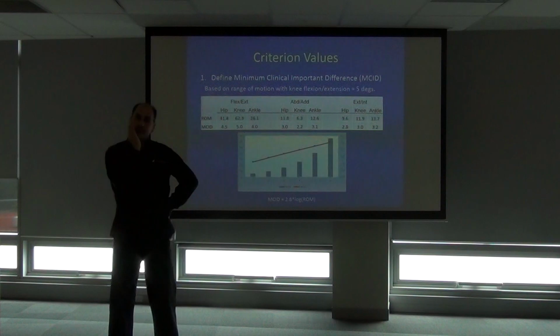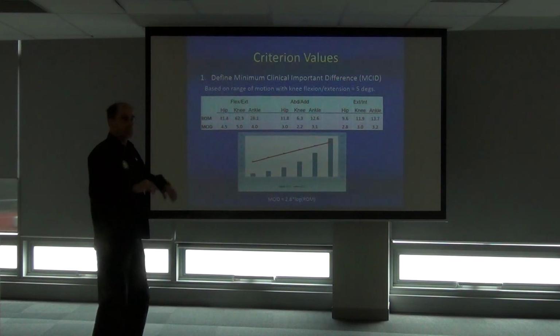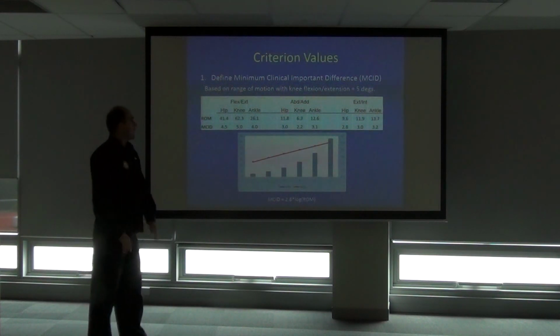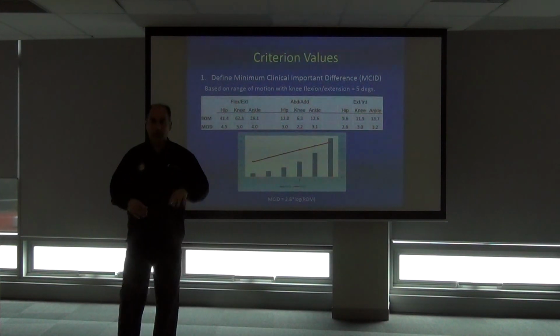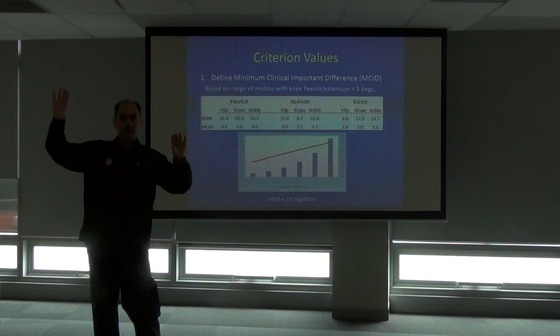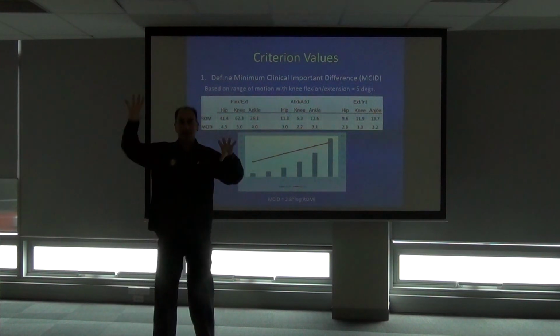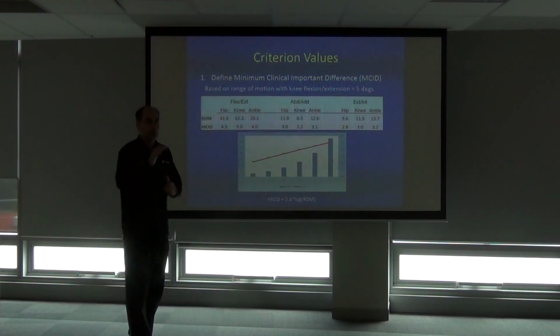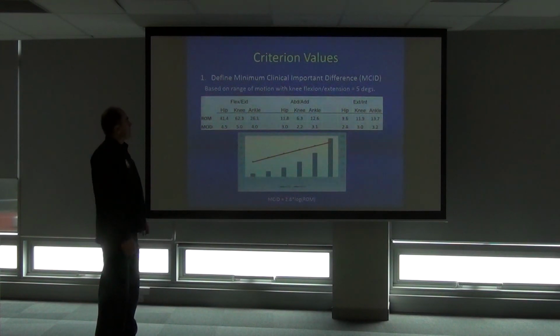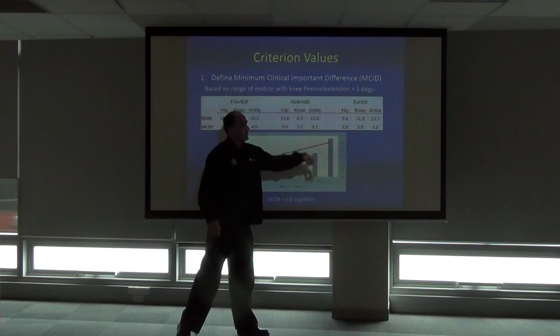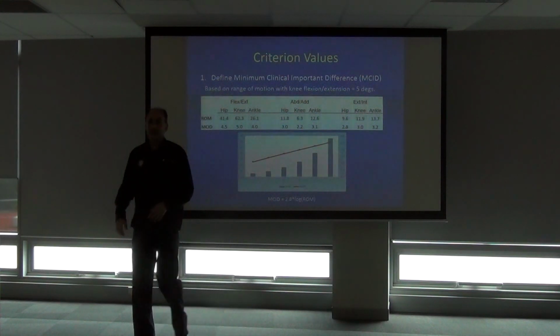Then I thought, that's not the best. So to get a more representative value, a log transform was taken of the joint ranges of motion. We're going from 6 to 60, which cries out for a log transform. One's a power of 10 of the other. Do a log transform, fit a line to it, and then smooth out the values to get where all these decimal points came from.